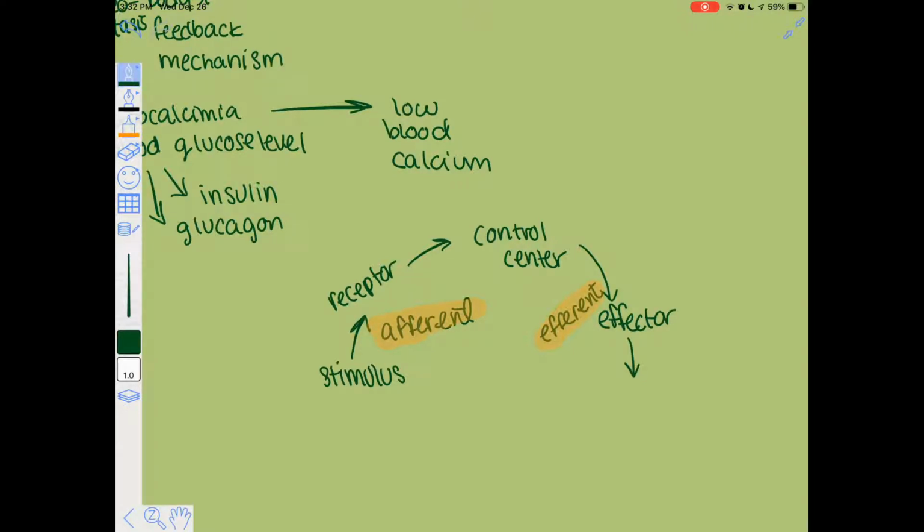And so finally, the soluble calcium will go into the blood and the hypocalcemia will be brought back to normal. By doing these steps, the body can be in balance.